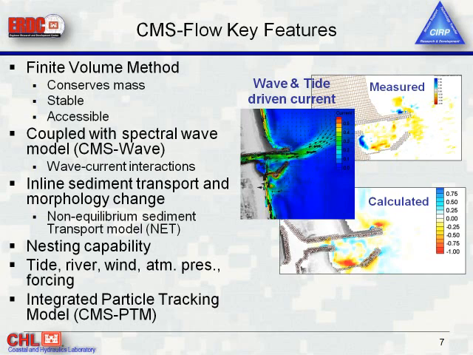We have the capability to do nesting and the typical boundary conditions and forcings that you would expect for a coastal morphodynamic model, like tide, river flux boundary conditions, wind, atmospheric pressure forcing, and things like that. It's also integrated with the particle tracking model in SMS 11 and 11.1.